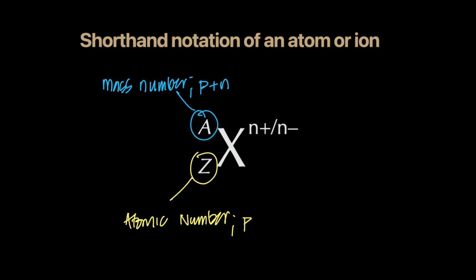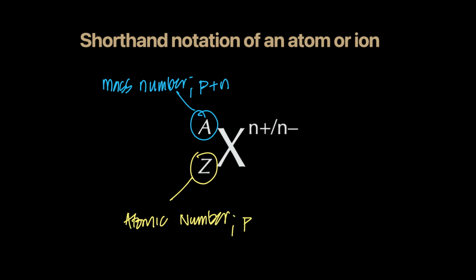And if it's an atom, then n is 0 and it's left blank. But if it loses 1 electron, it'll have a charge of 1 plus. If it loses 2 electrons, it'll have a charge of 2 plus. That 2 plus just means it has 2 more protons than electrons. And if it gains 2 electrons, then it'll have a charge of 2 minus, because now it'll have 2 more electrons than it has protons. So those are some of the symbols.